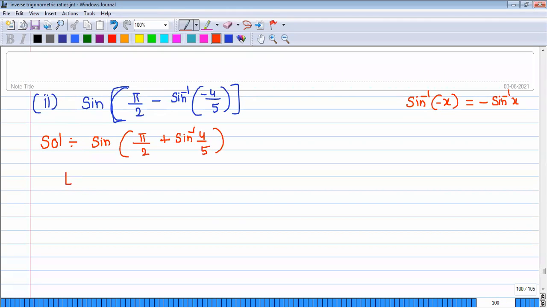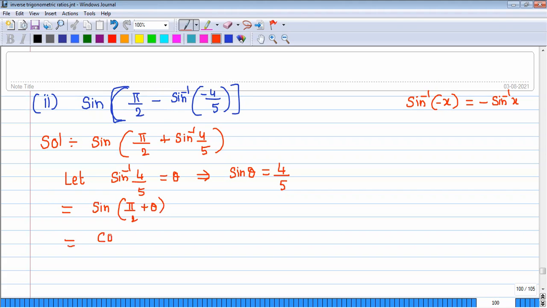Let us say this sine inverse 4 by 5 is equal to theta. So sine theta is 4 upon 5. This becomes sine of pi by 2 plus theta. Sine 90 plus theta is cos theta. That means we need to find the cos theta value.